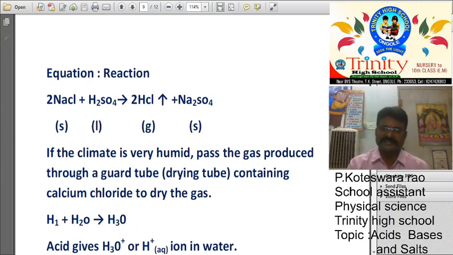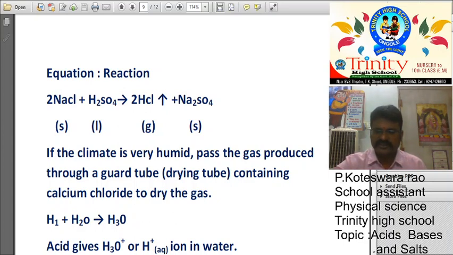So we will discuss that later. So if the atmosphere is humid, what type of tube do we use for demonstrating this activity? It is nothing but a guard tube. What is another name for a guard tube? Drying tube. What does the drying tube contain? Calcium chloride.